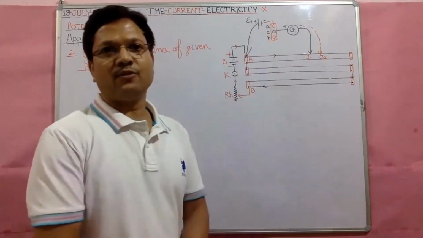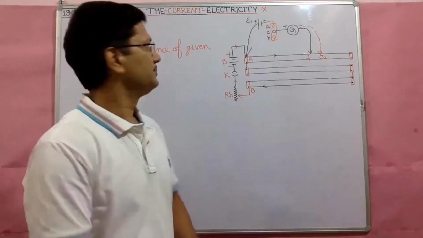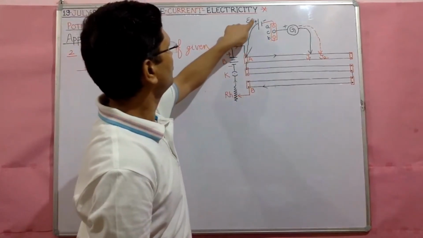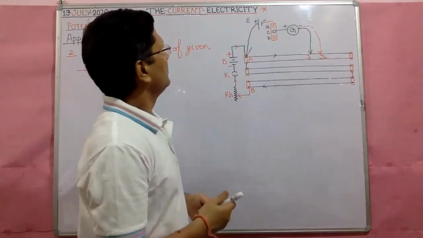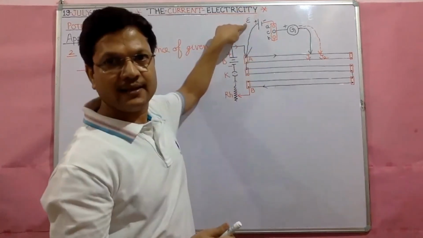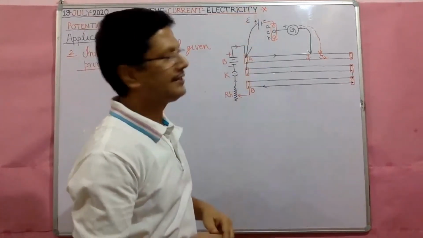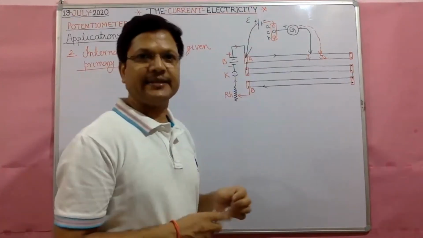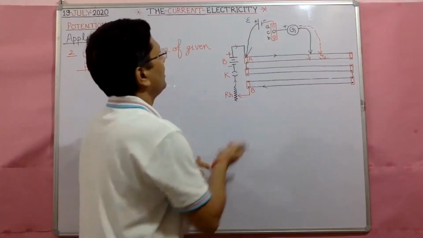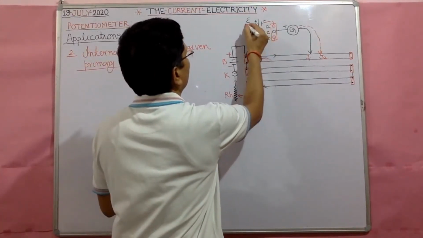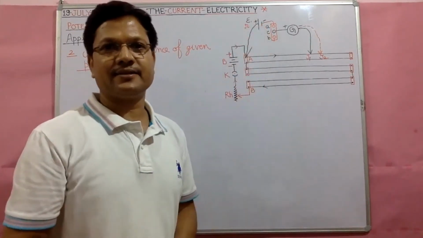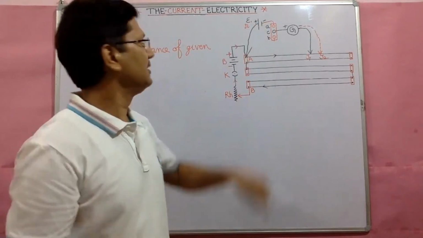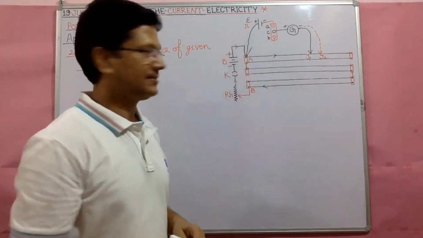This time we have only one cell, so we will not write E1 and E2. This is a primary cell with EMF E and internal resistance, suppose, r, and we have to find this internal resistance.